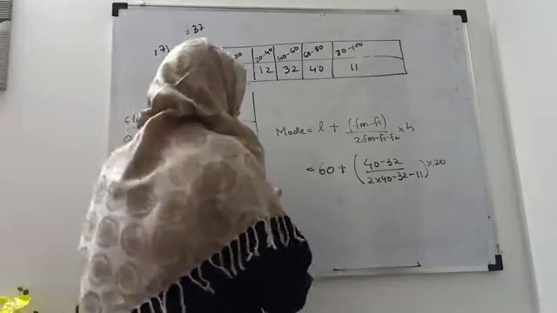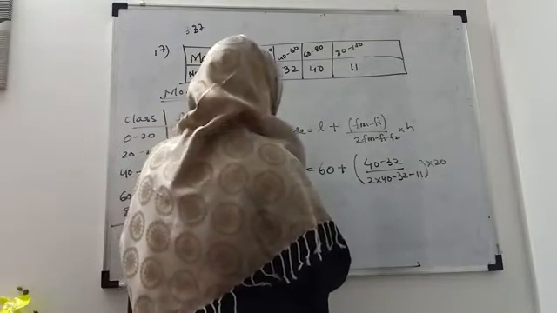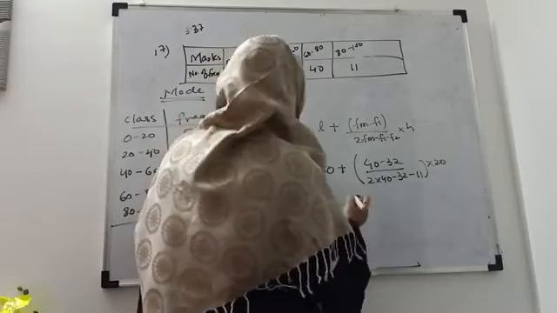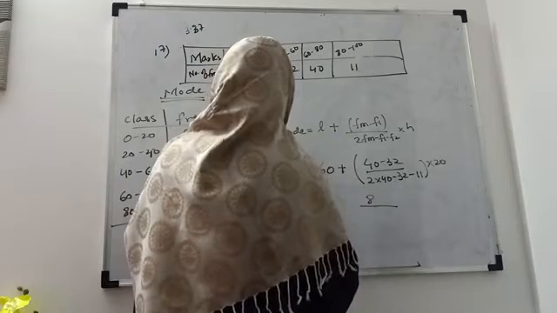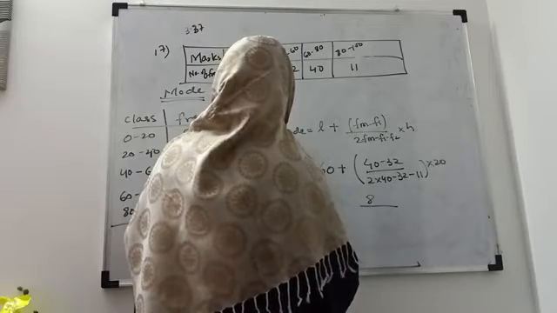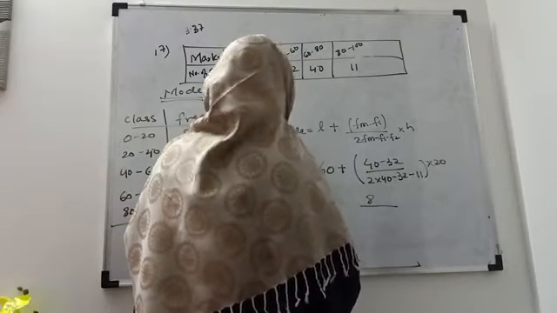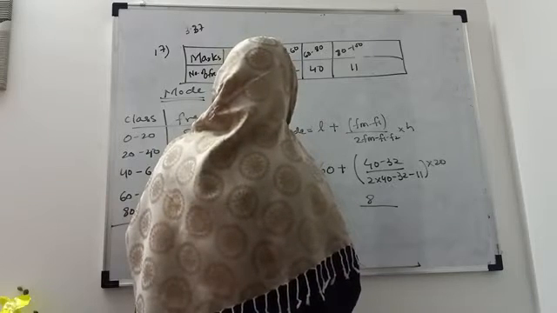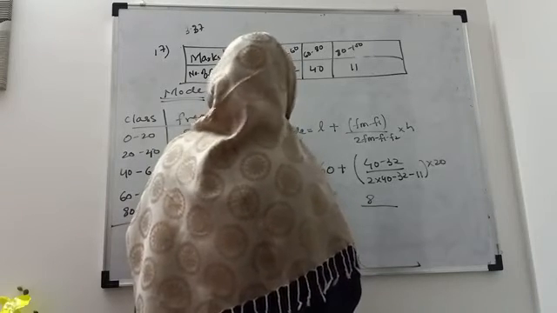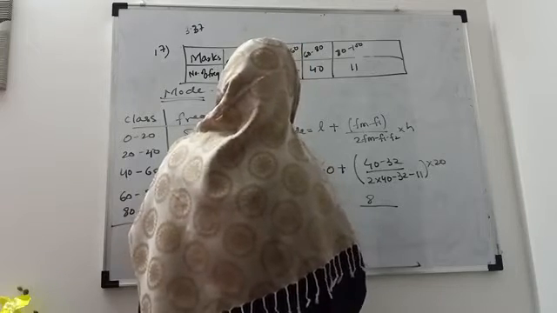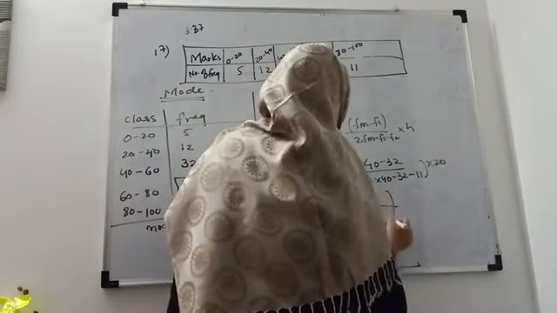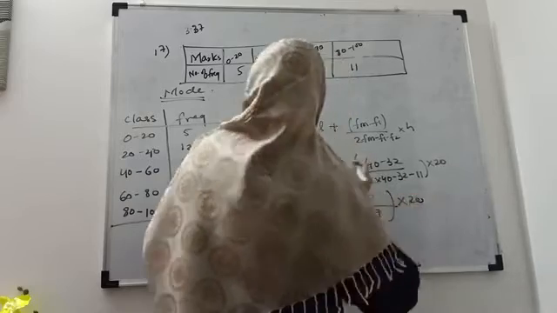Here the calculation is 40 minus 32, 8, divided by 80 minus 32 minus 11. It is 37 into 20.